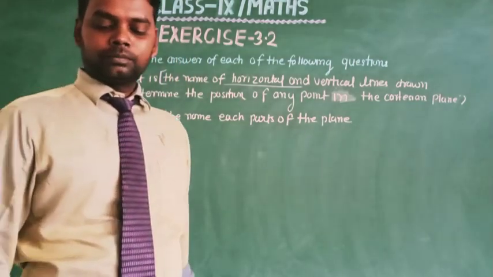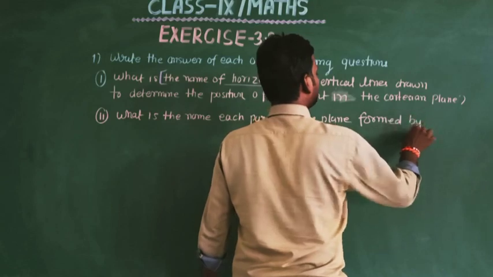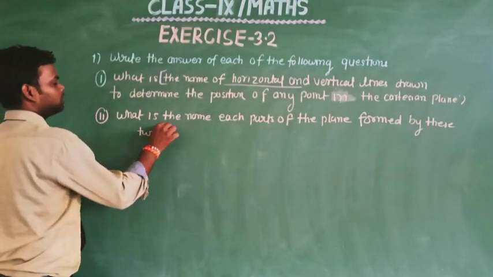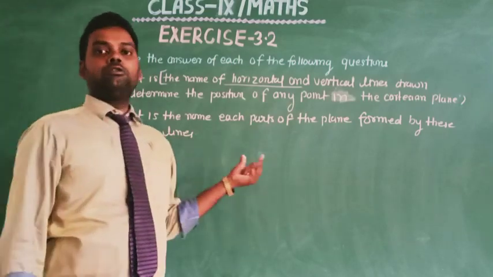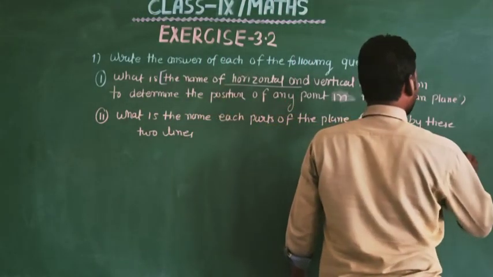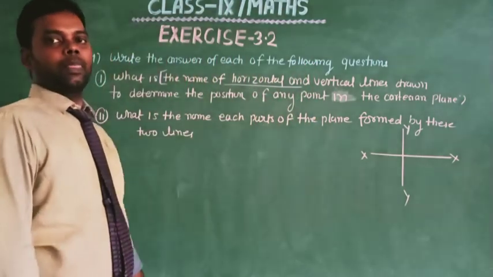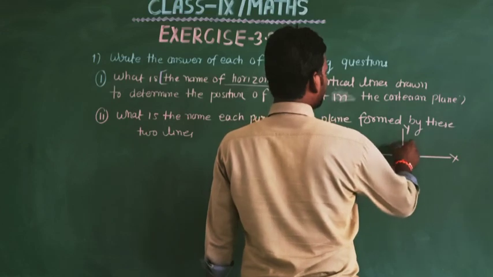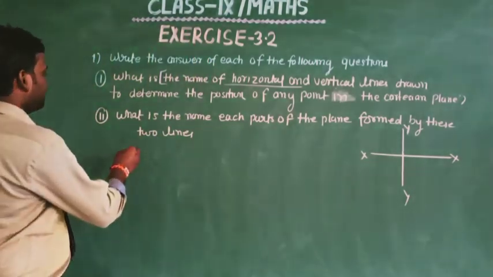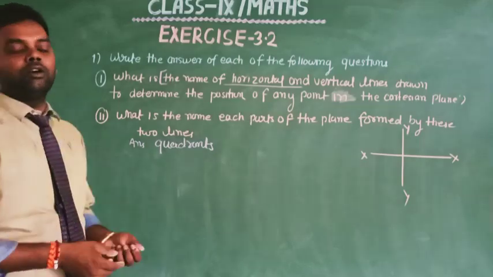Each part of the plane formed by these two lines, x dash x and y dash y, is called a quadrant. So here the answer is quadrant. Clear?